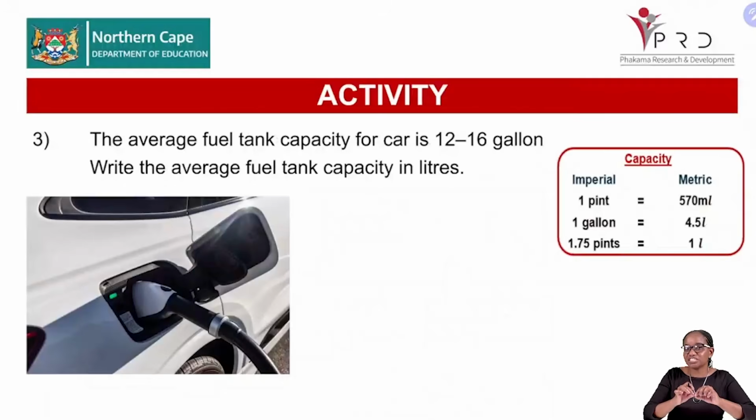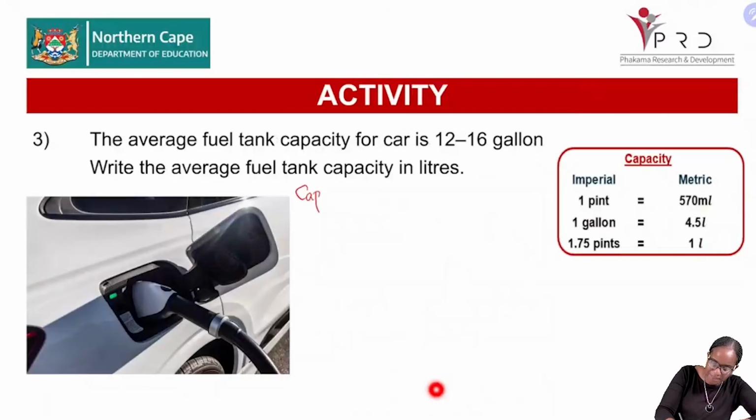But now the range is in liters. So let's start with 12. Remember, I said you start with what you're looking for. We are looking for capacity in liters. So this will be capacity in liters. This is what we are looking for, over what we are given. What are we given? We're given 12 gallons.